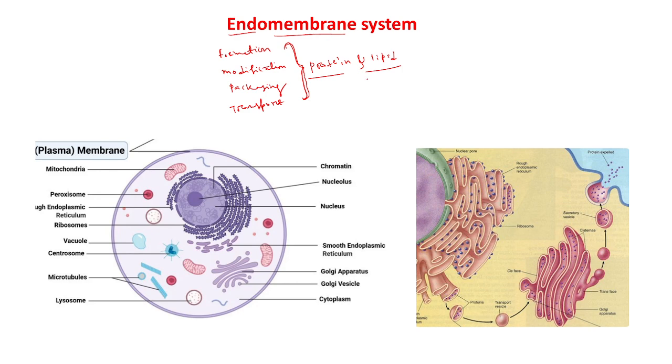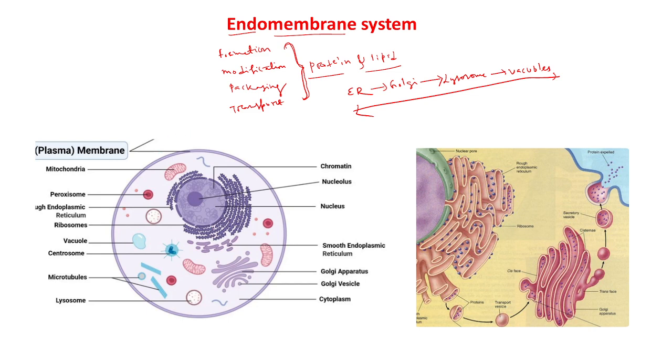So what does the system include? The system includes the endoplasmic reticulum, the Golgi body or Golgi complex or Golgi apparatus, the lysosome, and the vacuoles. So these four organelles are responsible for the formation, modification, packaging, and transport of protein and lipid. Look at the structure.